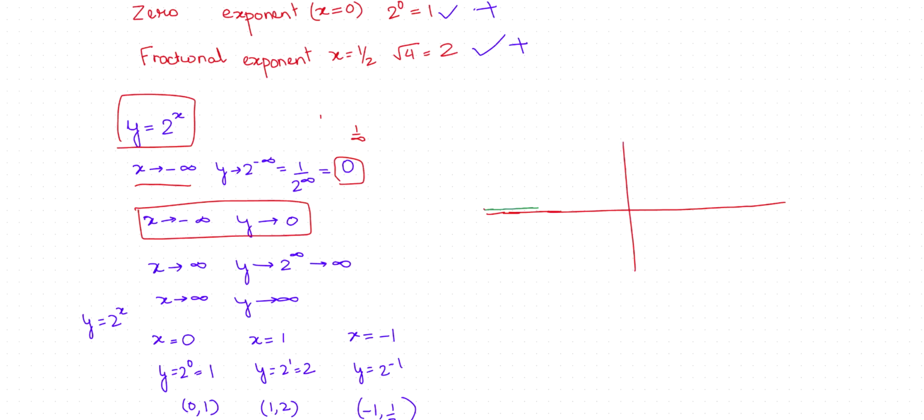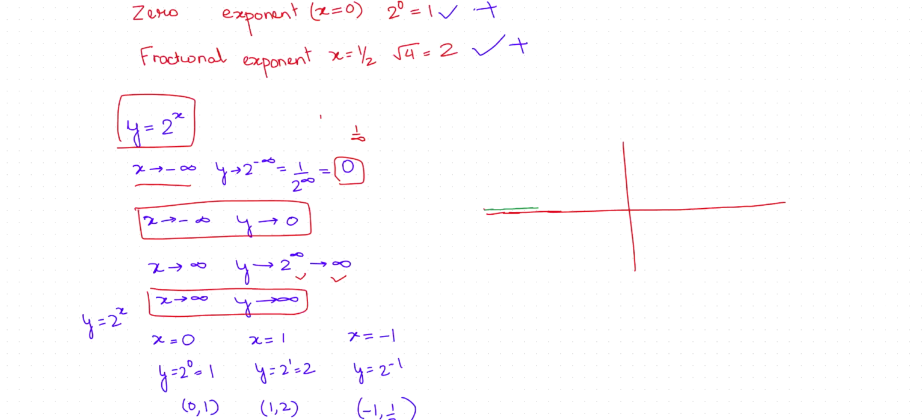If x tends to infinity, here it is 2 raised to power infinity, and 2 raised to power infinity is infinity. So what we got here is if x tends to infinity, y tends to infinity. So these are the end behaviors.